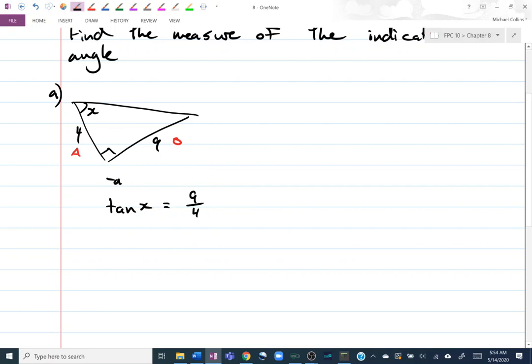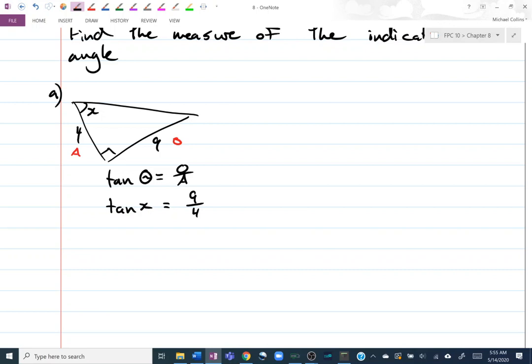So again, tan of theta, which is how it would be given, is equal to opposite over adjacent, is equal to 9 over 4. So what I've tried to focus really hard on in this class is that all algebra is the same. So if I want to know what X is, I have to get it all by itself. So in order to get rid of the tan, I have to do the opposite of tan.